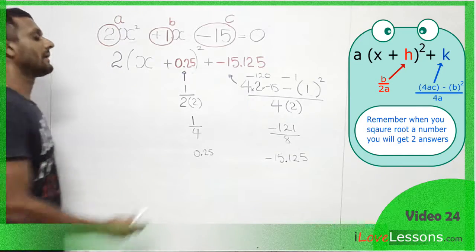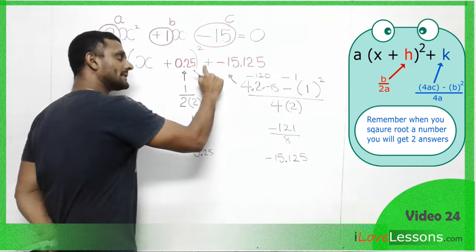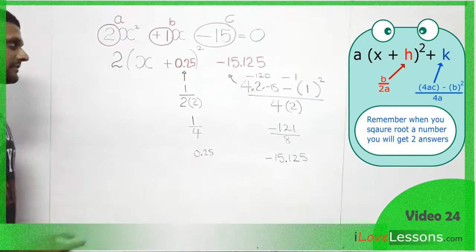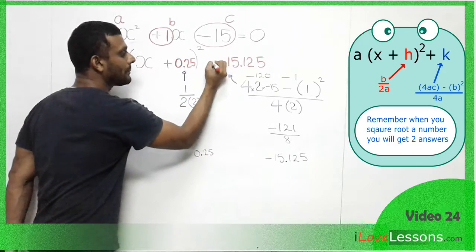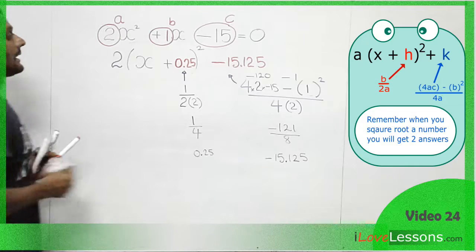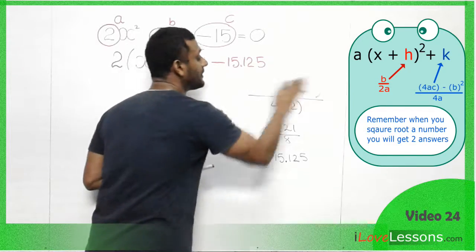Now, if you look on the board here, you notice you have a positive and a negative. When a positive touches a negative, you will ultimately get a negative. So, throw away the positive and replace it with just 1 negative sign. And that's it. We have expressed the quadratic in vertex form.